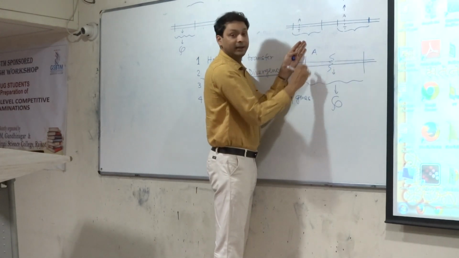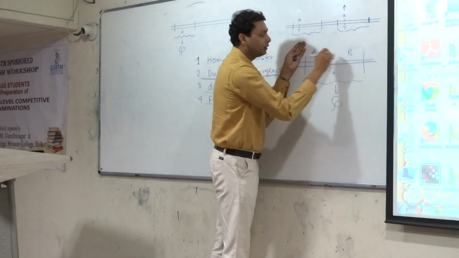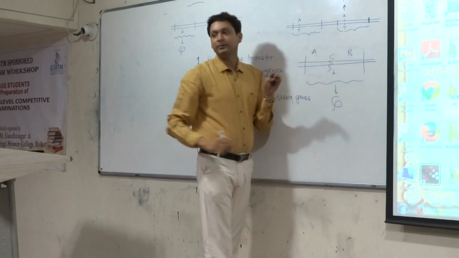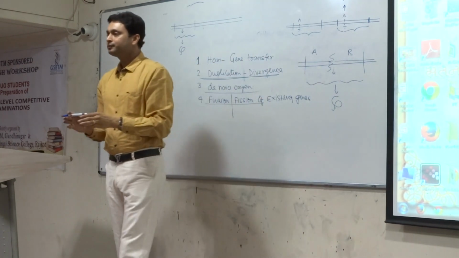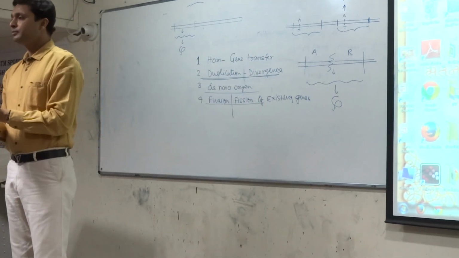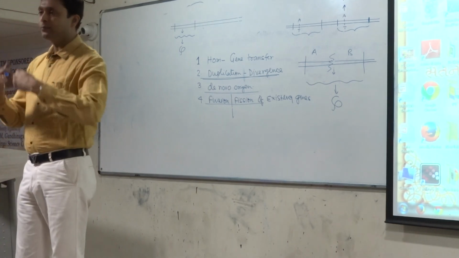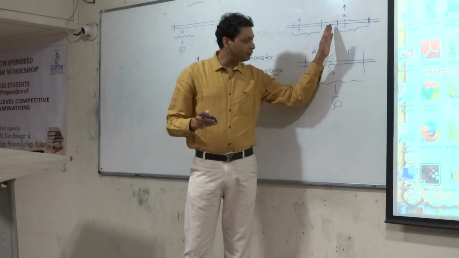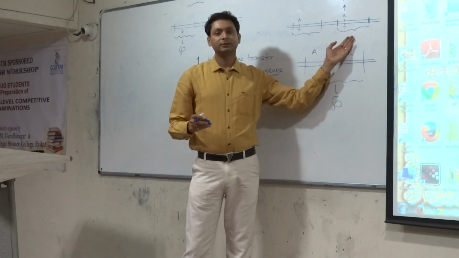Suppose this gene becomes A, this gene becomes B. This is going to form a specific kind of protein, and this is going to form a specific kind of protein. Now we can say two new genes are formed, derived from the pre-existing gene, as a result of the fission.